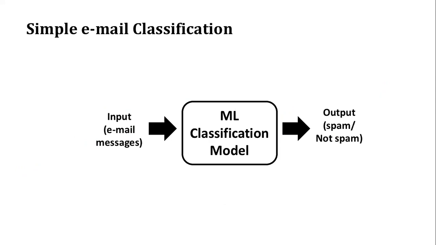But let's say we have a different application, like classifying or grouping certain things. For example, email. Now we get an email, and I need to know whether it is spam or not spam. So it's a classification problem. I need to classify whether it is good or bad.